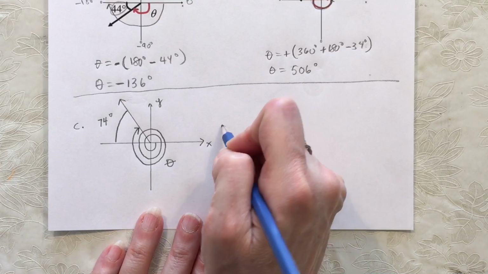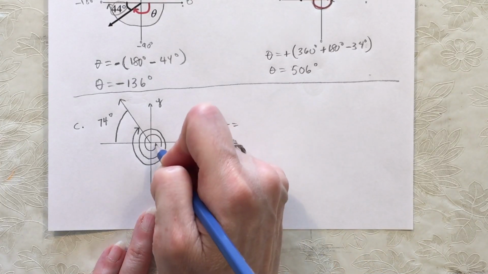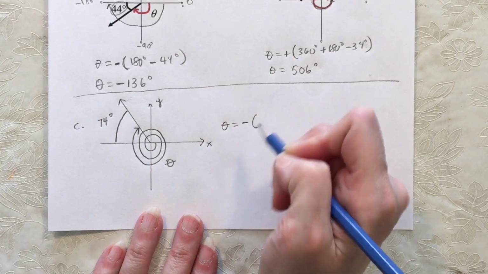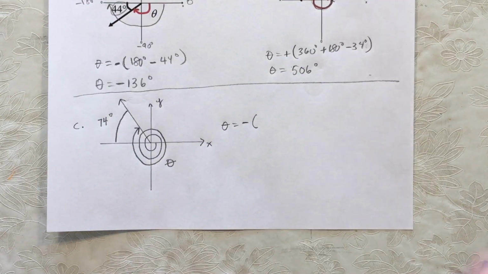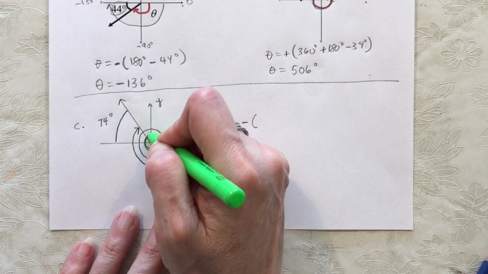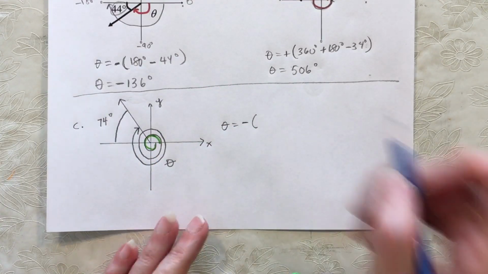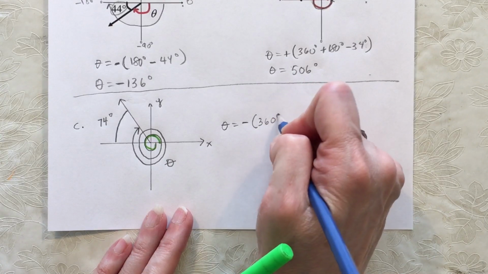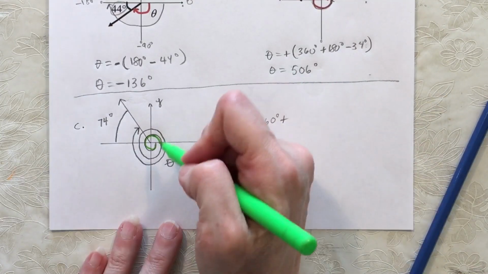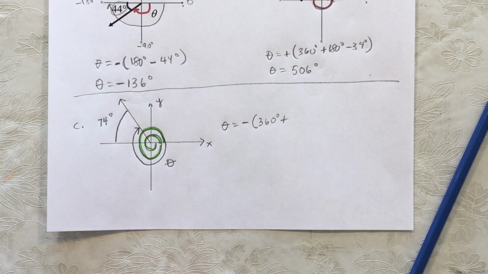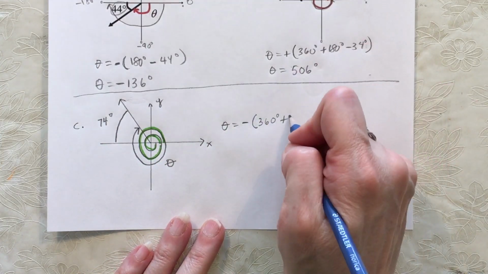So if I was doing this one, I'd say, well, I know it's going clockwise, so it's going to be a negative angle. So all the way around once is 360, and then all the way around a second time is another 360.